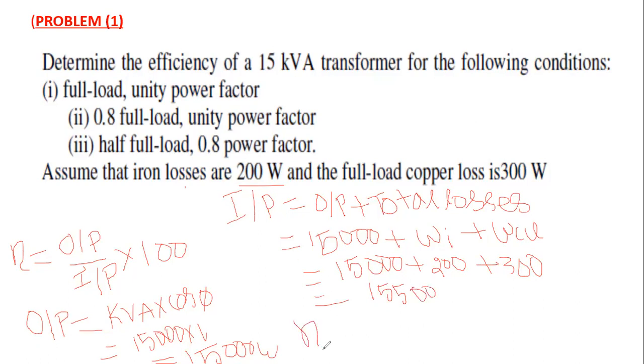Next, we calculate the efficiency. What is the formula for efficiency? Output by input. The output is 15,000, and the input is 15,500, into 100.